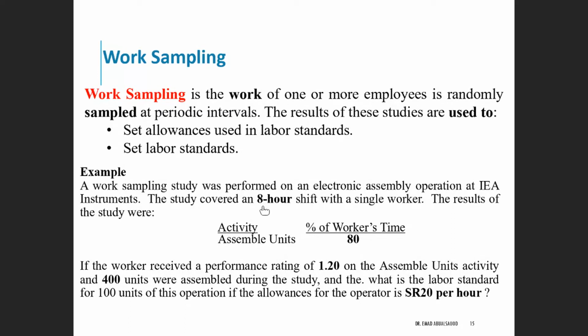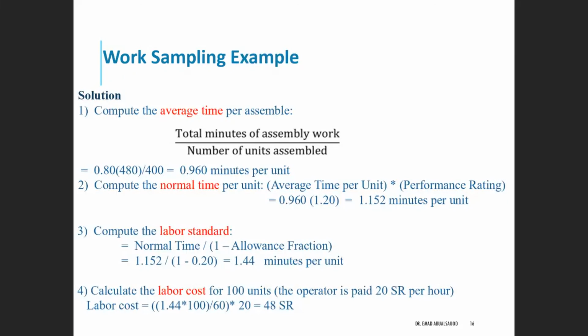How many minutes do we have? We have an 8-hour shift, and 80% of that 8 hours is used for this job, which is assembling. So 80% of the 8 hours divided by the 400 units, the total number of units, gives us the average time. Let's see the solution.